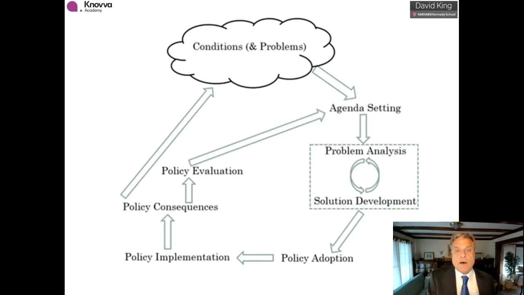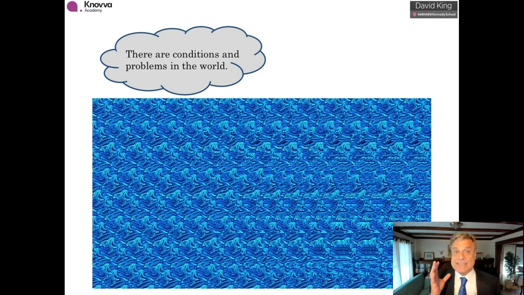We start off in a world, of course, of conditions, because everywhere around us is a set of conditions that we are blind to. I don't know if you've ever had a chance to do Magic Eye. There are these fun little books.